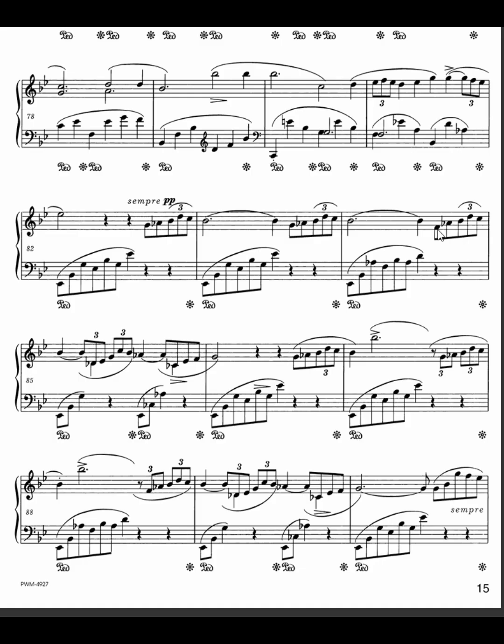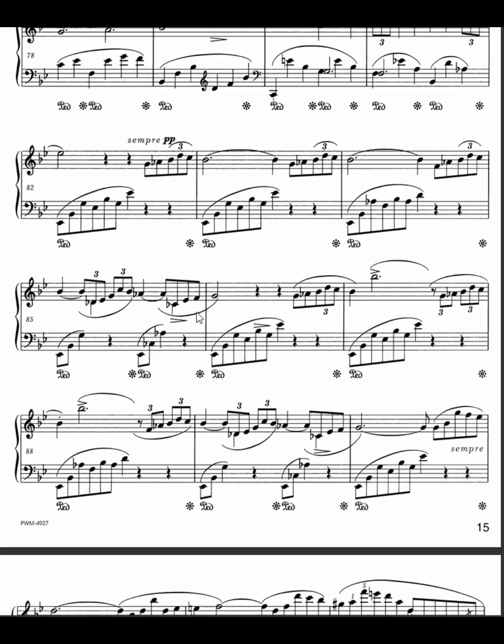He's changing only one note here, but the harmony needs to be expressed accordingly with that change, and that also causes this situation and this situation.